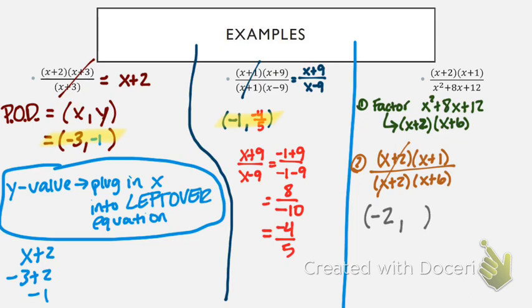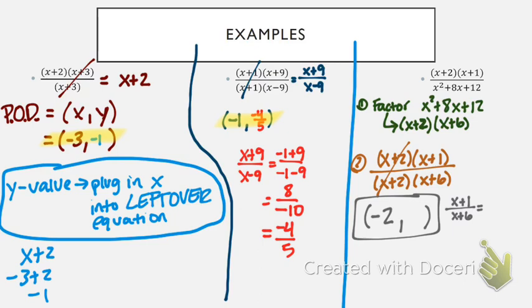And the y value, we'll fill in the y value. The y value, we take the x value, and we plug it into what's left over. So what was left over was x plus 1 over x plus 6.